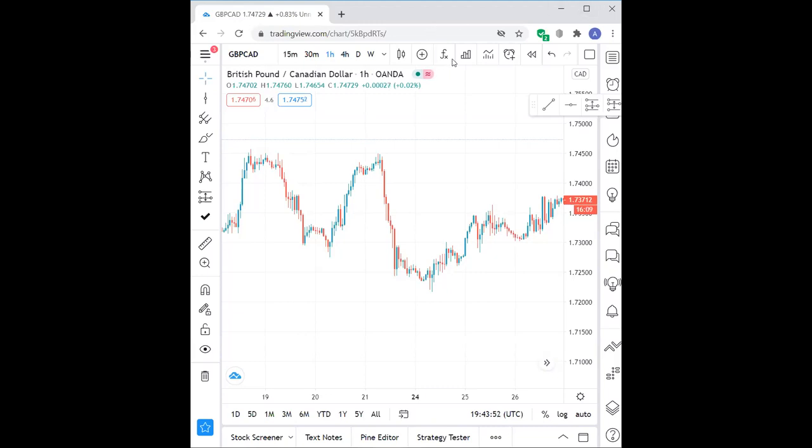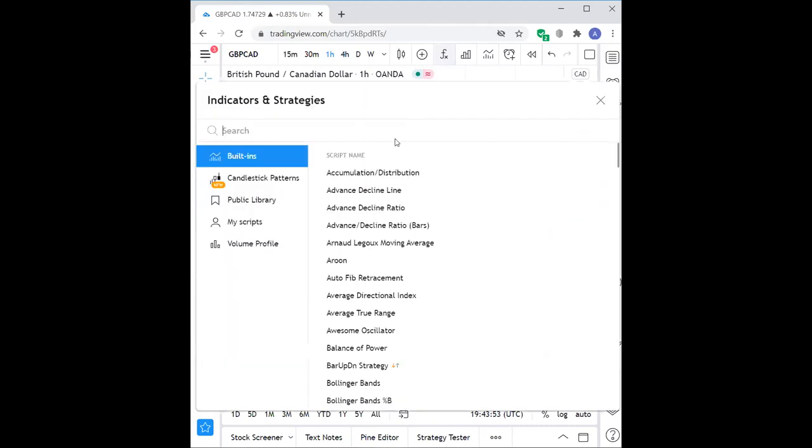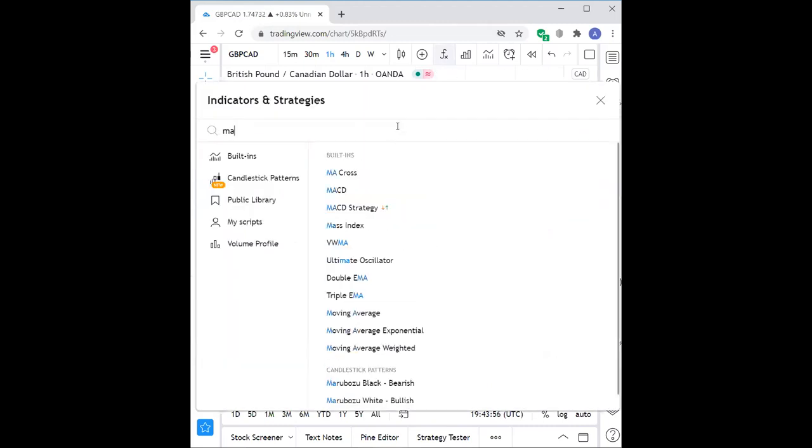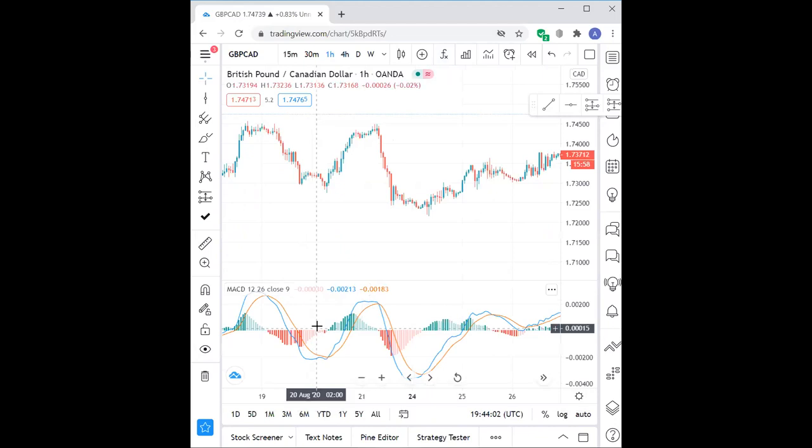Okay, let's bring down our MACD. MACD here. Click once and then close. The MACD will come down. So there are 3 components to the tool.